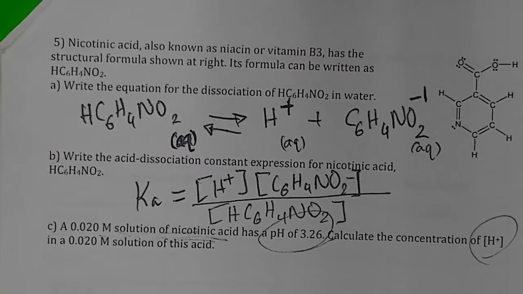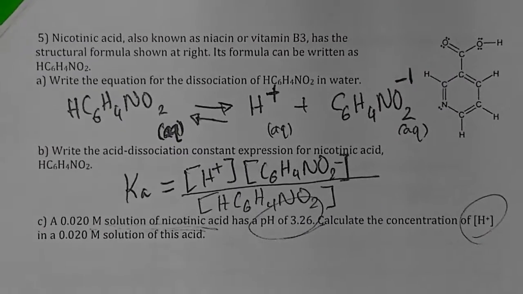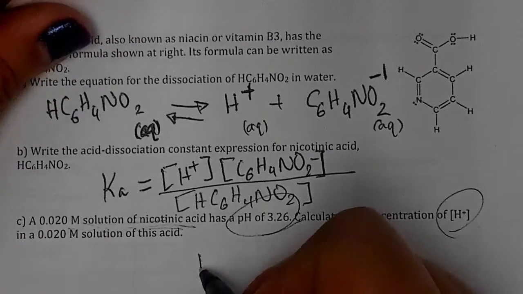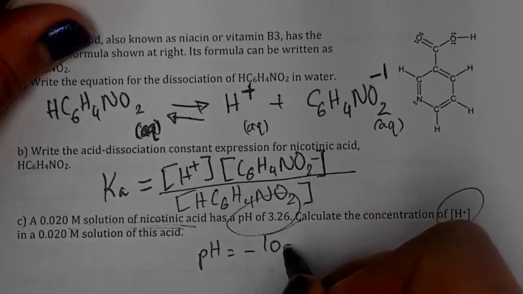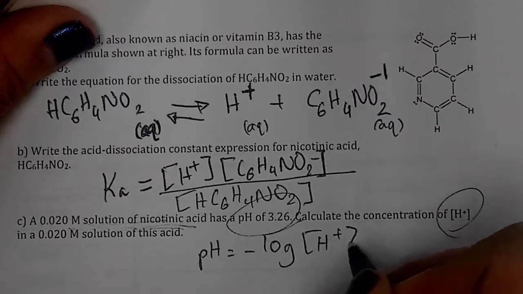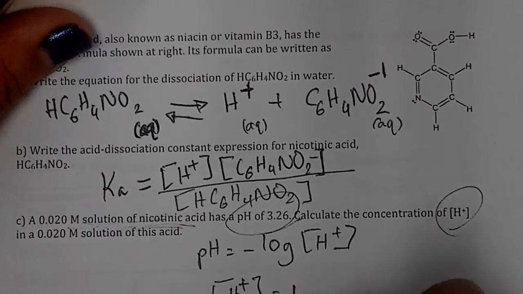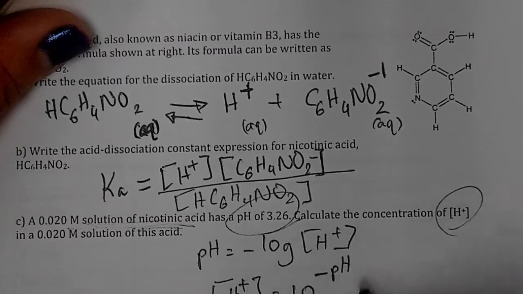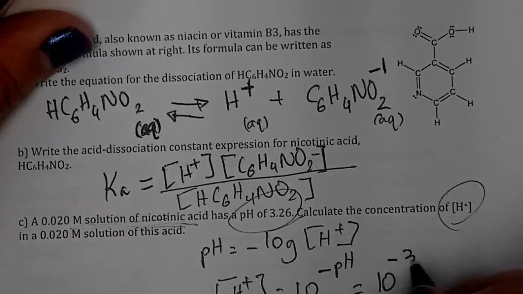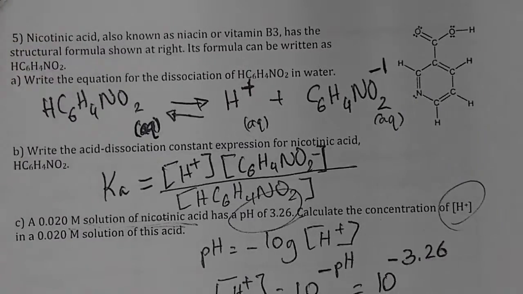You just plug it in. Because pH is equal to negative log of H plus, that means the concentration of H plus is 10 to the negative pH, which is basically 10 to the negative 3.26. Okay?